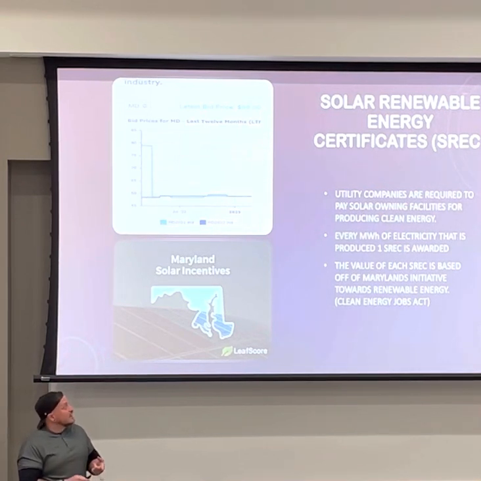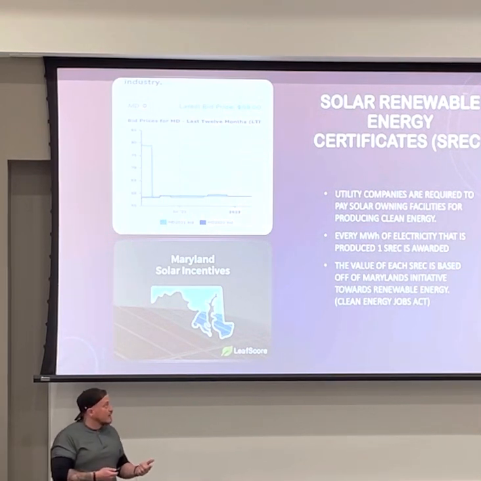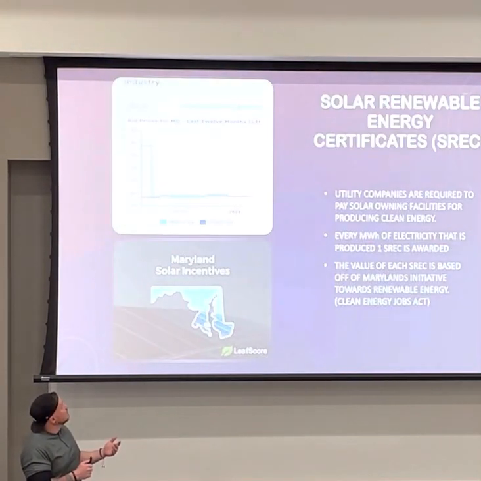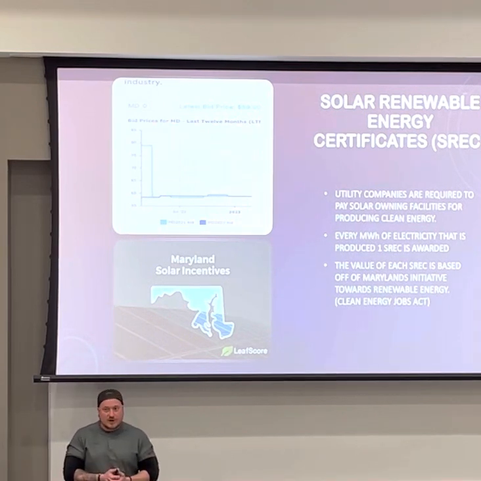So because of this, every time your system produces a megawatt hour of electricity, you get one certificate. Now this certificate varies with supply and demand, based on the time of the year. So right now, every time your system produces a megawatt hour of clean energy, you get about $59.